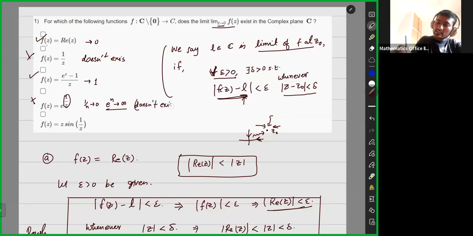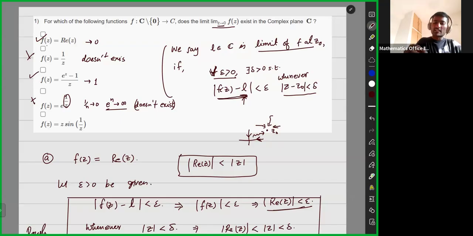Understood? Right. So the last part is about z into sine 1 by z, and we have to check where f goes when z tends to 0. One other thing to check the limit is the sequential criterion that I'm using in the fourth part. When xn goes to 0, f of xn goes to L. Whatever xn you take, it should go to L if it is converging.